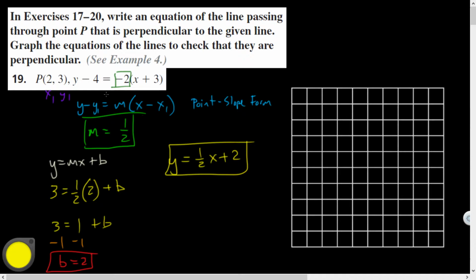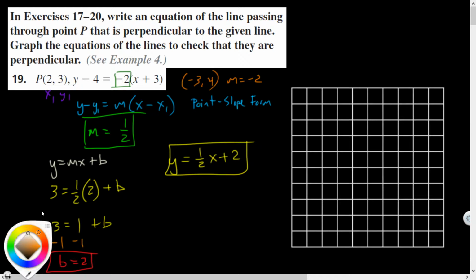So for point slope form for this first line, let me just make a little side note here. This line happens to pass through the point -3, 4 and has a slope of -2. If you put that in slope-intercept form, you also would have been able to get that information just fine.